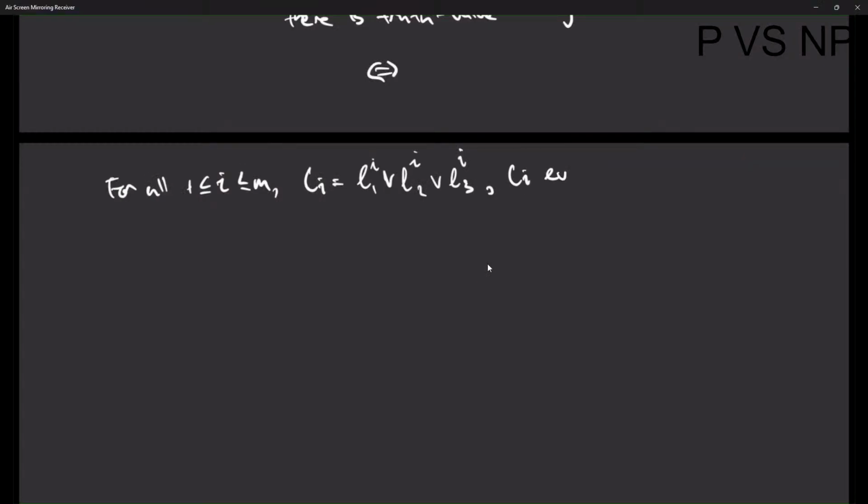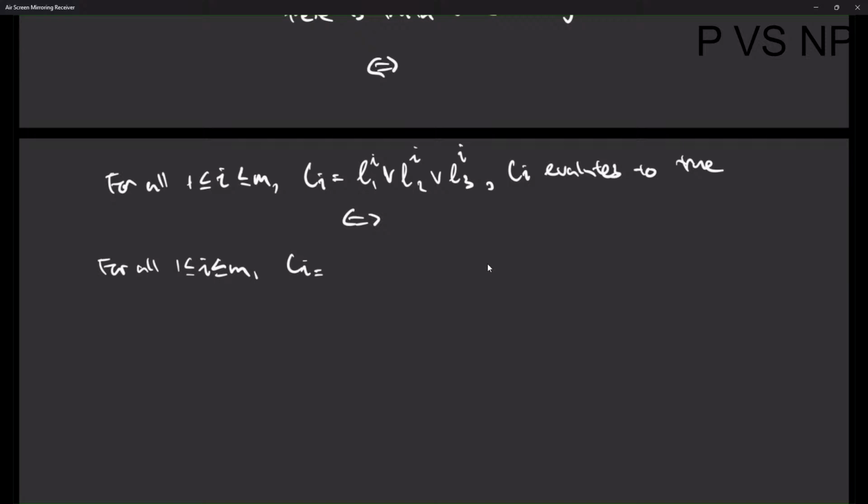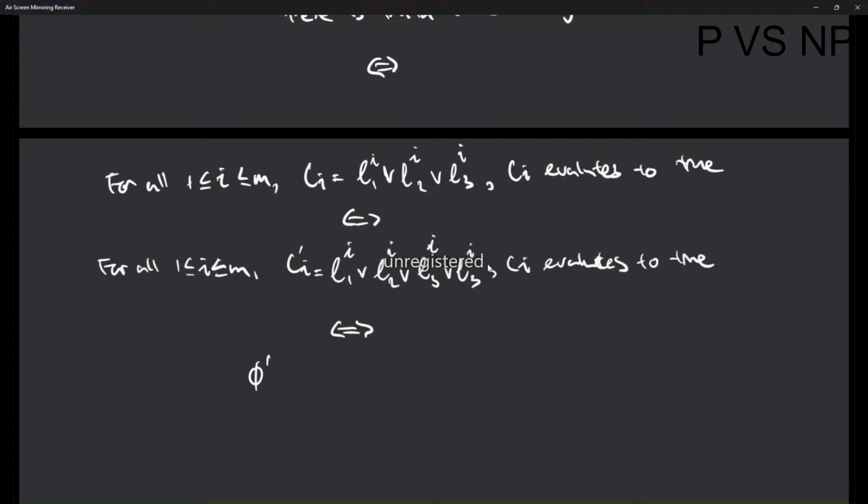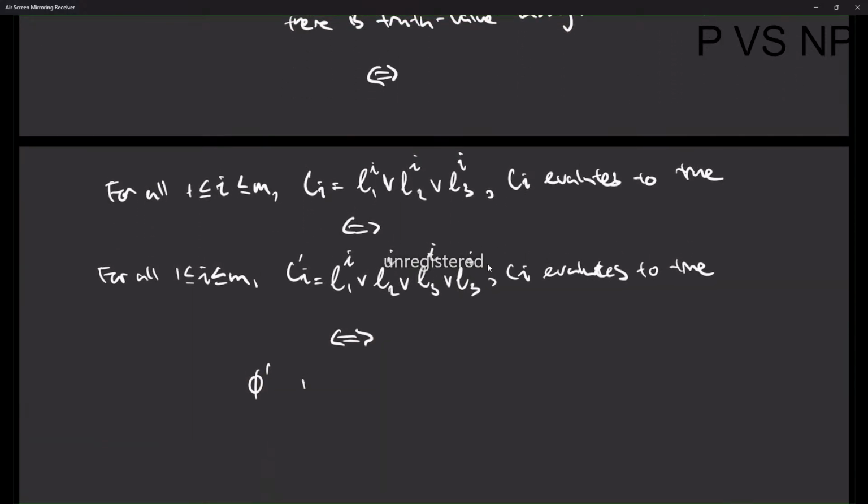So Ci evaluates to true, and this is equivalent to for all i from 1 to m, C prime i equals Li1 or Li2 or Li3 or Li3 evaluates to true, and it's equivalent to phi prime being satisfiable in 4-SAT.